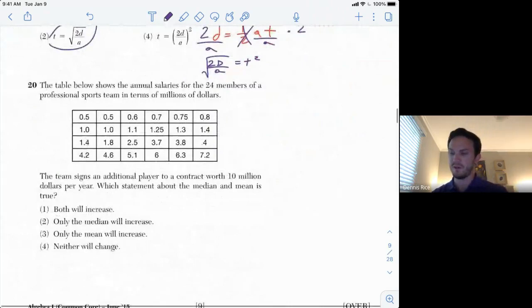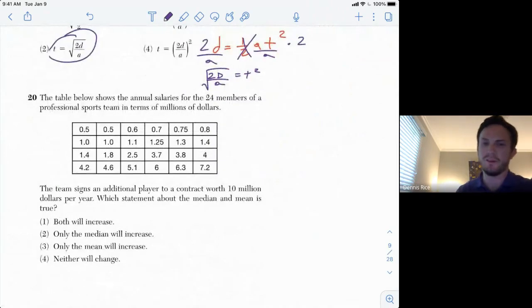We saw this question, you guys remember this one? In our stat lesson, this had a little bit of a trick to it. If you throw a 10 into the mix, most people got this incorrect because they're like, oh yeah, the mean and median will both go up. However, the mean goes up, the median actually stays the same. Does anyone remember why the median stays the same in this problem? Kind of a trick.